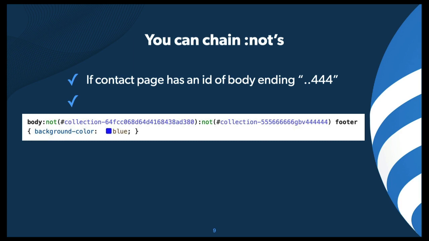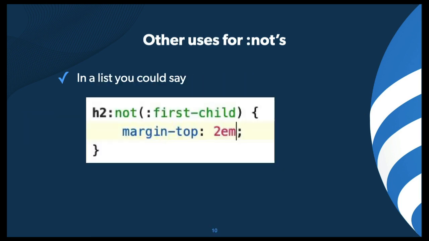So that would be not the home page, and not another page, and you can keep going like that. You can have multiple nots. There's no limit to how many nots you could have. It would be too complicated if you had two dozen or whatever, but I'm sure you get the idea, that you can chain the not selectors, and it just adds another string to your bow with CSS and understanding this not pseudo selector.